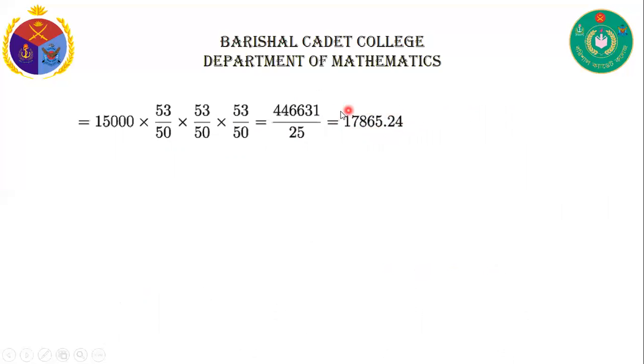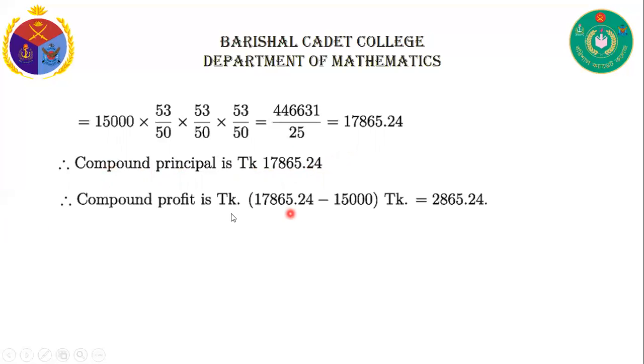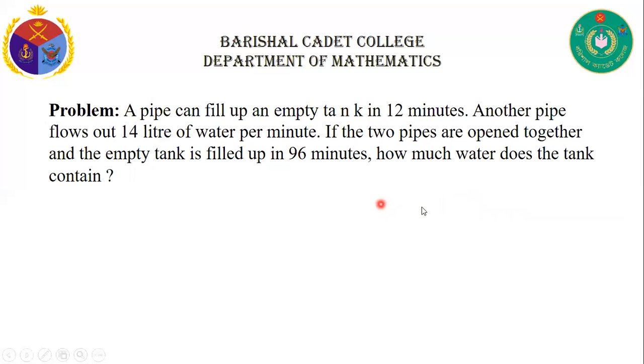That is the compound principal. And the compound profit is 17,865.24 minus 15,000, that is 2,865.24 taka. Okay, now next problem.